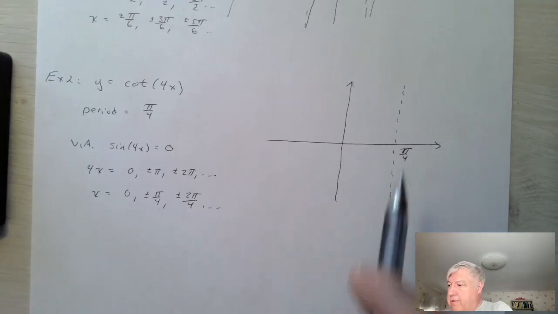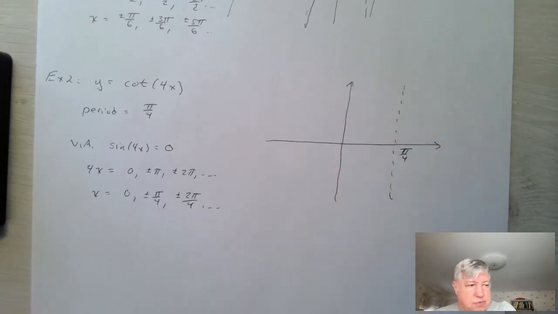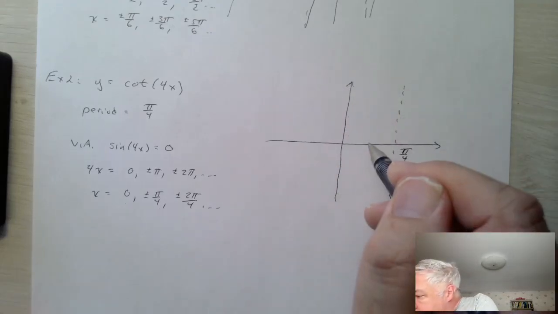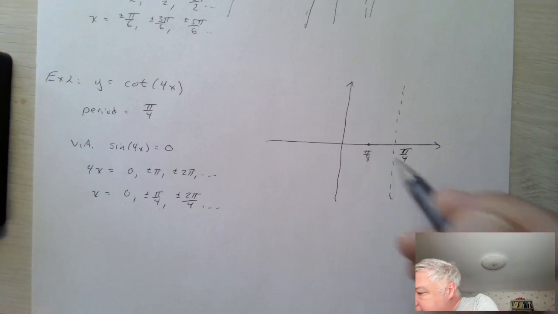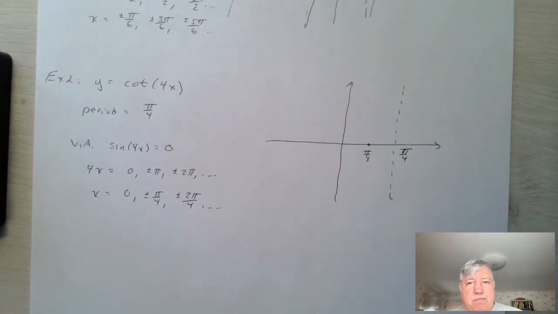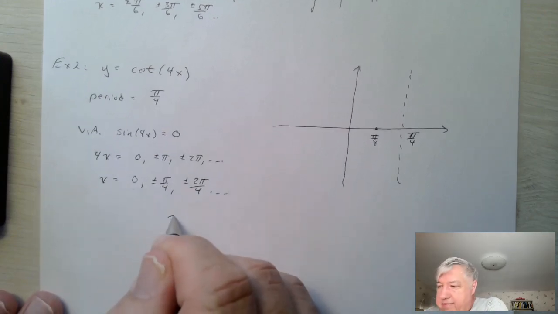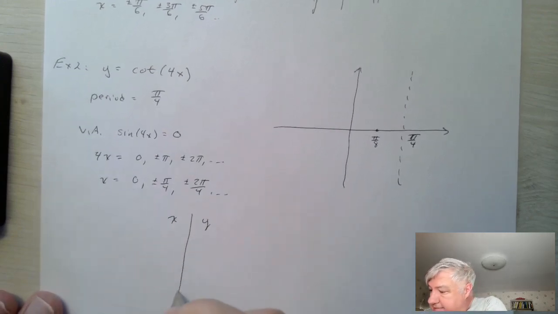Okay, so we have an asymptote here and an asymptote here. And of course, the middle point will be pi over 8. And once again, we don't need to know what pi over 8 is because we're just going to plug that in here. So here's x and here's y.